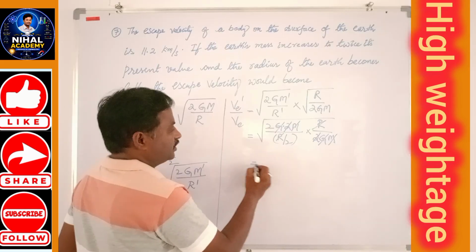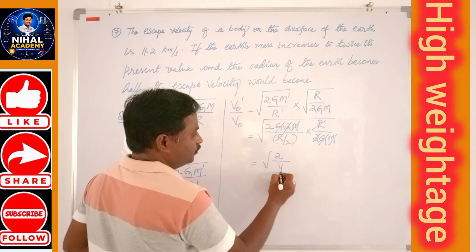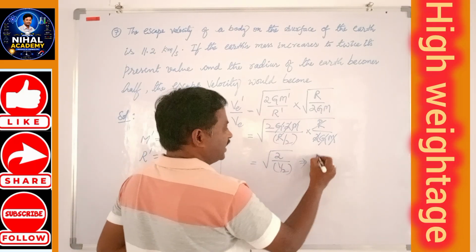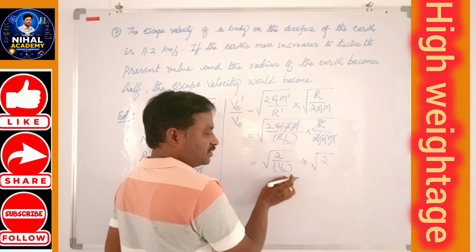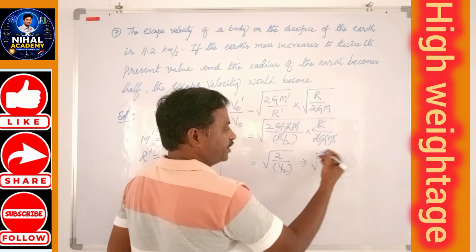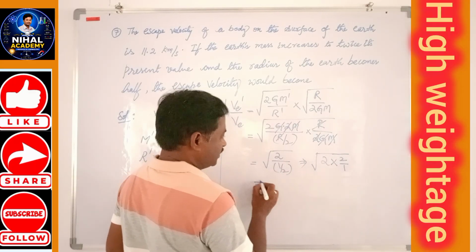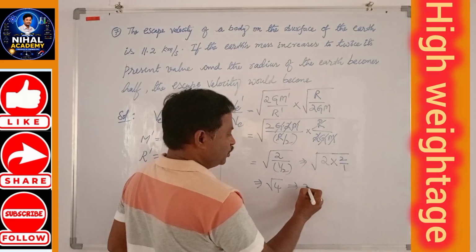Now this is square root of 2 divided by 1 by 2, so the denominator is 1 by 2. So we can write it as into, then 1 by 2 will become the reciprocal, so 2 by 1. So that is equal to 2 by 1, which is root 4. So root 4 is equal to 2.